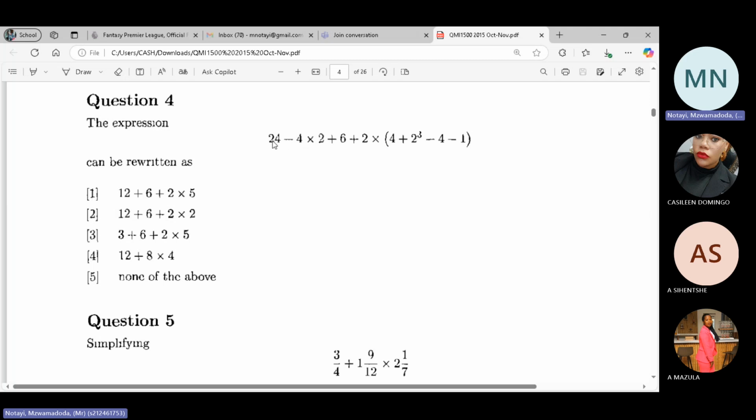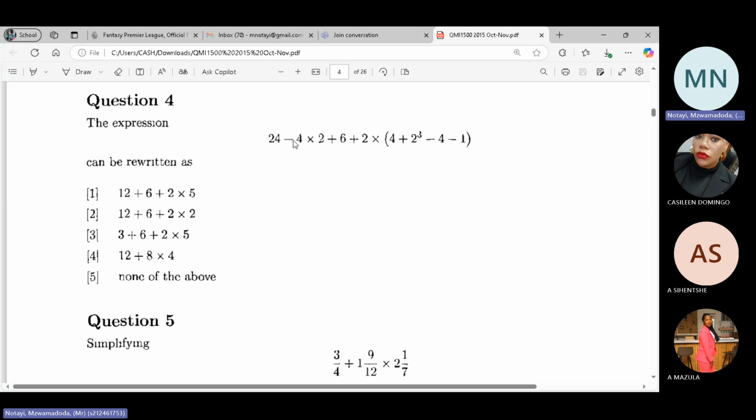And then let's go to the first part and apply the priority rules. We have 24 minus 4 times 2 plus 6 plus 2 times 7. Now we have dealt with the bracket and reduced it to 7. So 24 minus 4 times 2: now we have to deal with the multiplication.